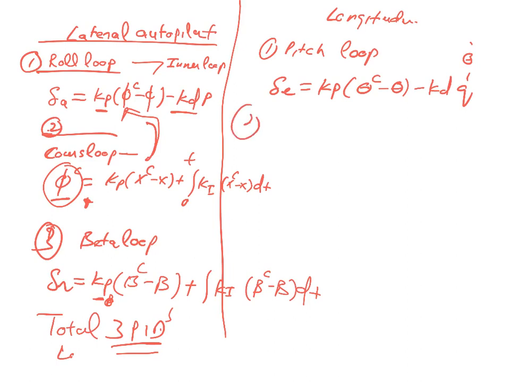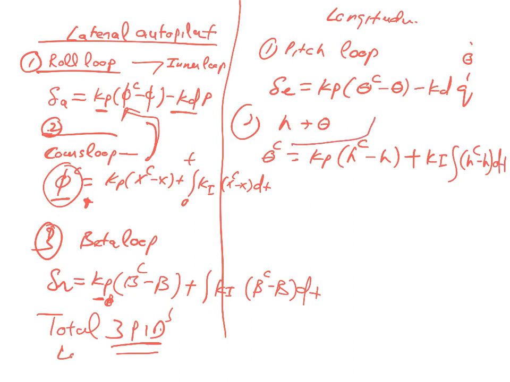The second loop will be height from pitch. So the output will be theta commanded, and it is Kp (height commanded minus height) plus Ki, integral of (height commanded minus height) dt. And then this theta commanded goes here, and you compute delta E, the elevator.